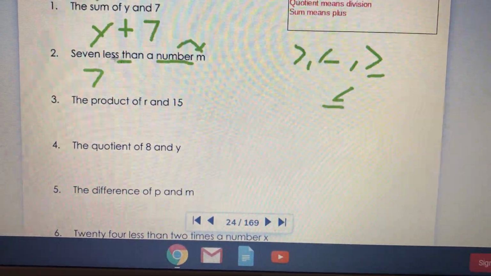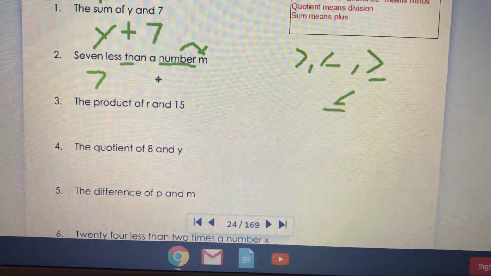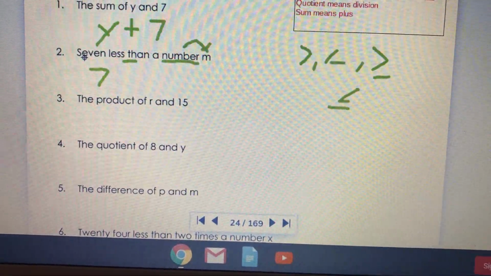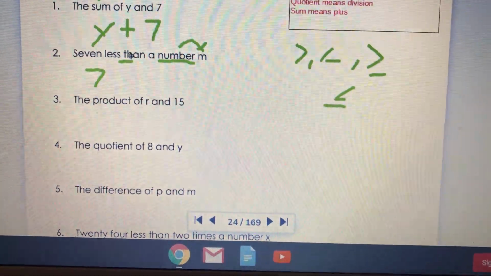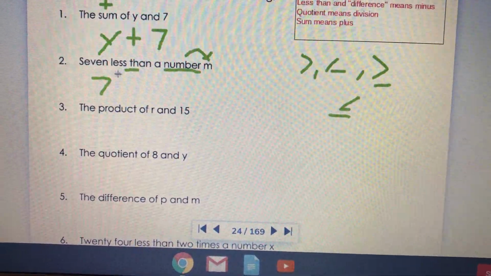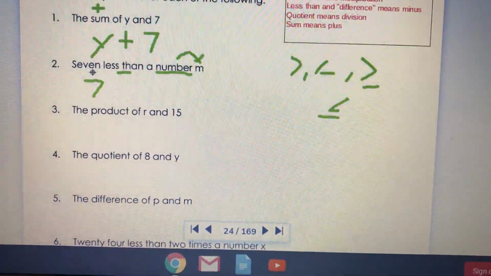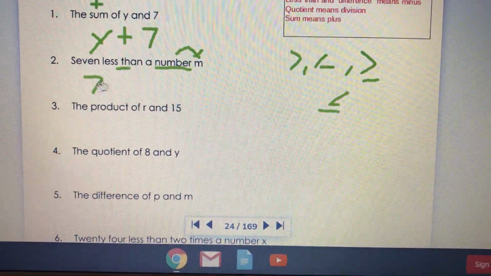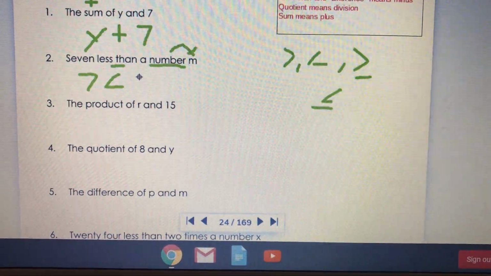So we know 7 is less than a number m. So 7, remember, less than means that 7 needs to be less than m. It can't be greater than m, because if it were, then it would be a different symbol. So we know 7 is less than m.